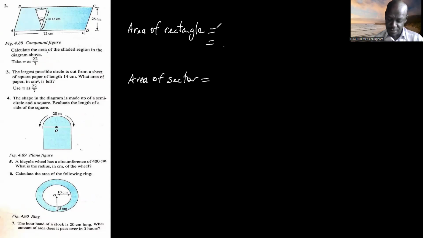So area of rectangle, then you work the area of the sector. You said use pi as 22/7.